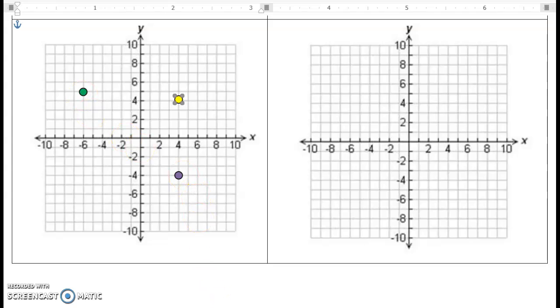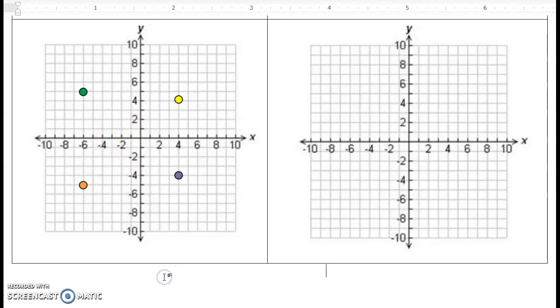I'm going to reflect over the x, which means I am going to leave it at negative 6 for the x value, but move it the opposite direction from the x-axis 5 places downward. So I'm going to take this and it's going to go down to 5.